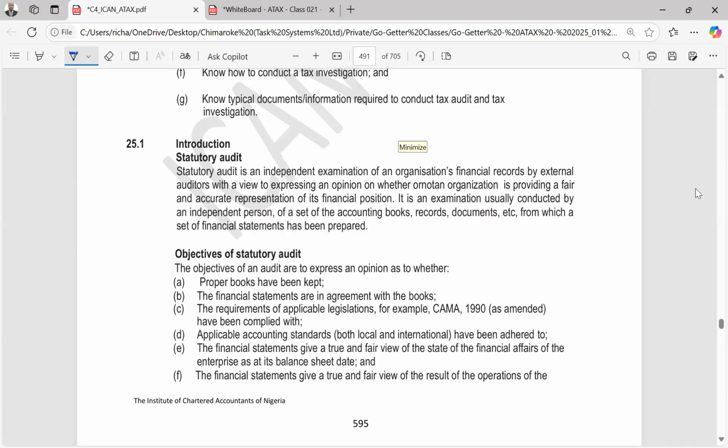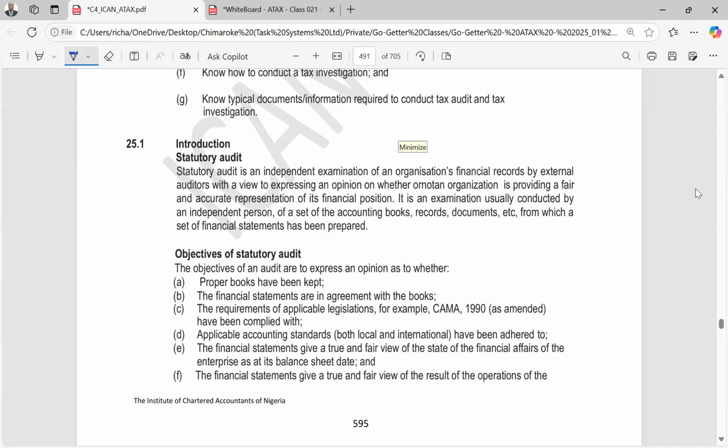Secondly, if the financial statements are in agreement with the books. For example, your financial statement is saying revenue is 1 million. Your underlying record is saying revenue is 1.8 million. Then there is a big problem.